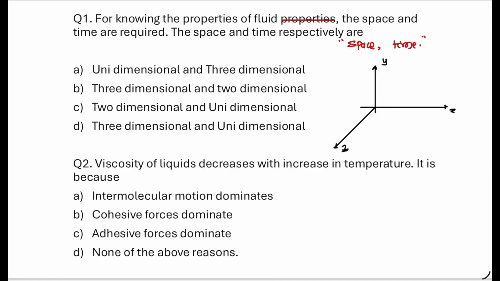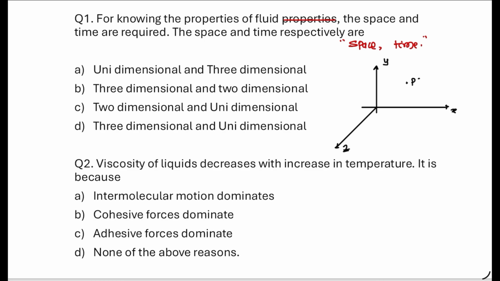Something two-dimensional will have only the xy plane. Something three-dimensional will have all three coordinates x, y, z. Let us say one point P has x, y and z. If y and z are 0, then P will be unidimensional, with only the coordinate of x on the x axis, and similarly with the other axes.